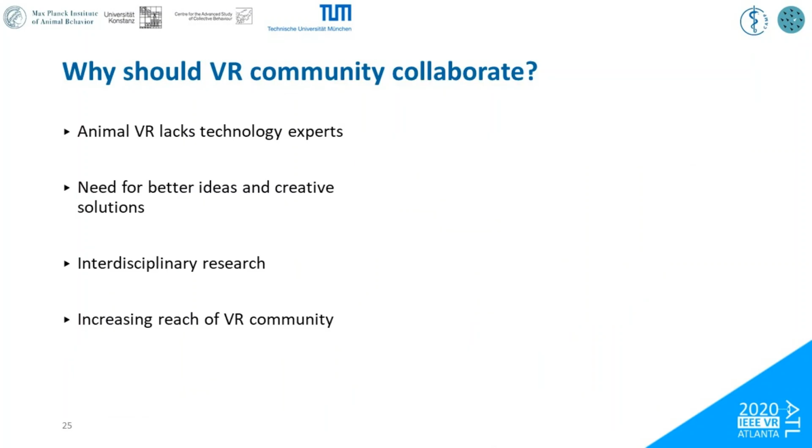We believe that contribution from experts in the VR community is required to push this field further. So now the question is, why should the VR community collaborate on these kinds of research efforts? Well, the first reason is that animal VR, while it's sophisticated, still lacks a lot of features, especially in terms of development of technology.